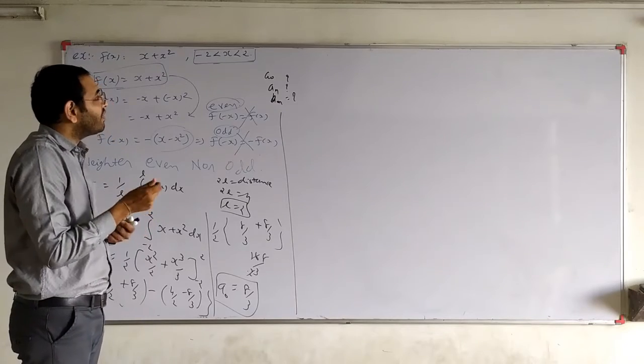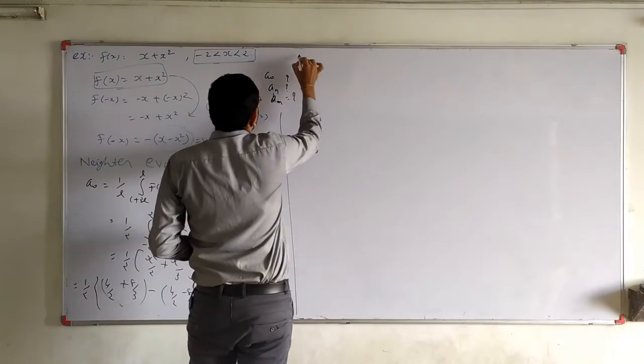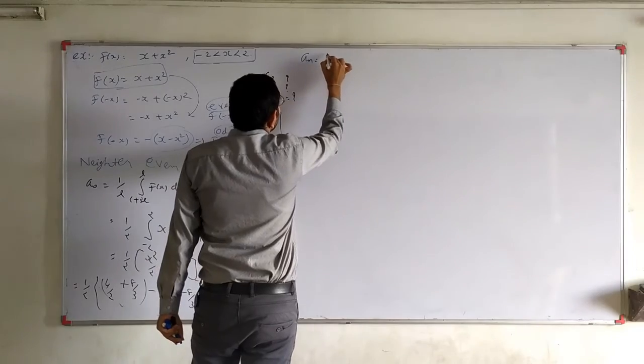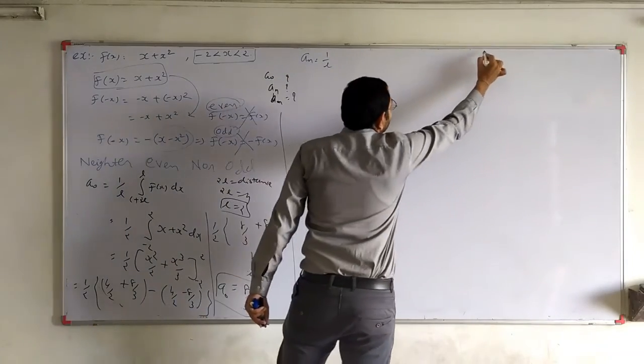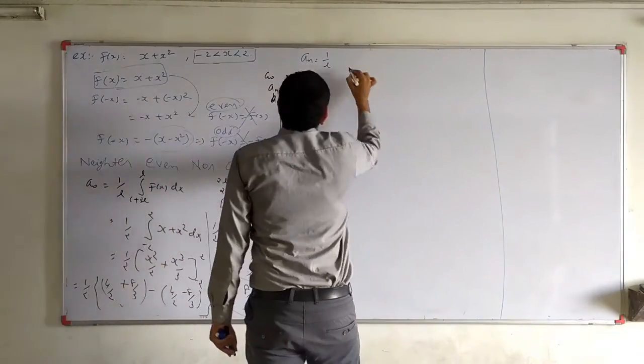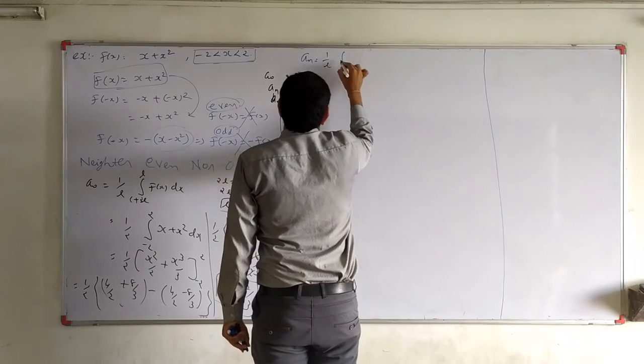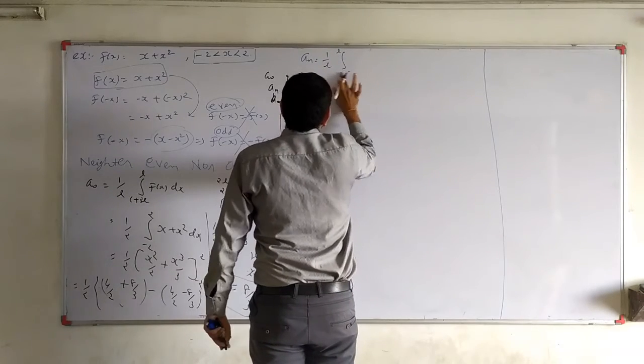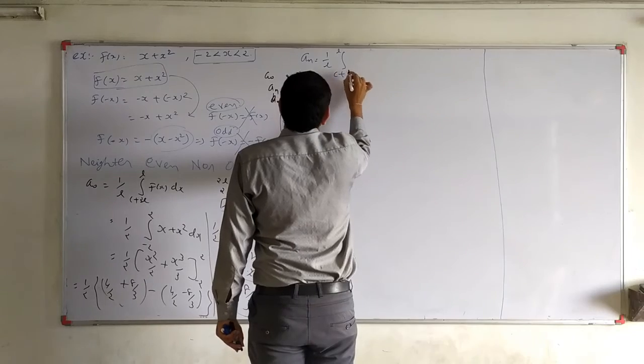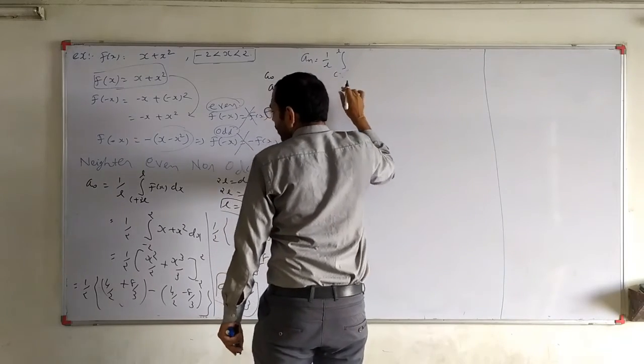Similarly, we find an. Then an equal to 1 upon L integral from minus L to L, otherwise C to C plus 2L.